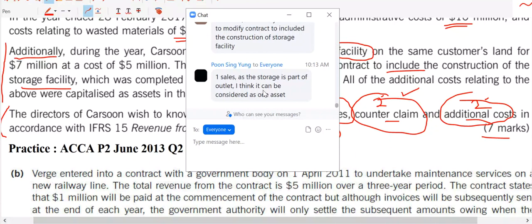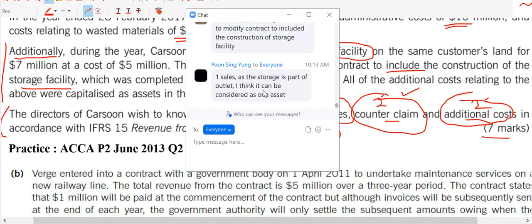The storage facility, if we treat it as separate, is at 0% at the moment because we just modified the contract and haven't started anything on it. So if the two are separate, we will have revenue of 60% or 70% recognized on the retail outlet and 0% on the warehouse storage facility. That is one possibility.